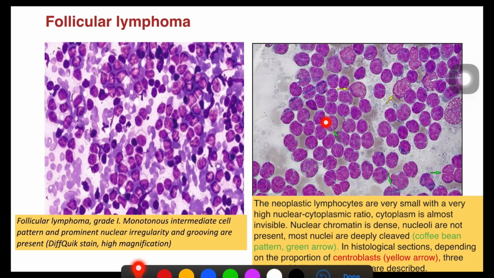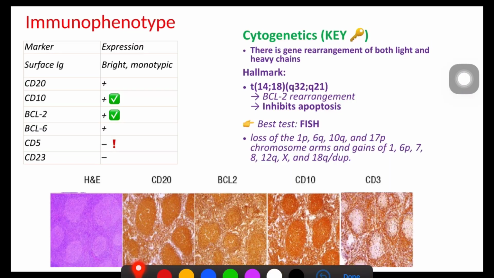These are the centroblasts, and this one has cleaved nuclei with nuclear grooves, and nucleoli are not present, and it is centrocytic, while these are the centroblasts. So this is the centrocytic population.